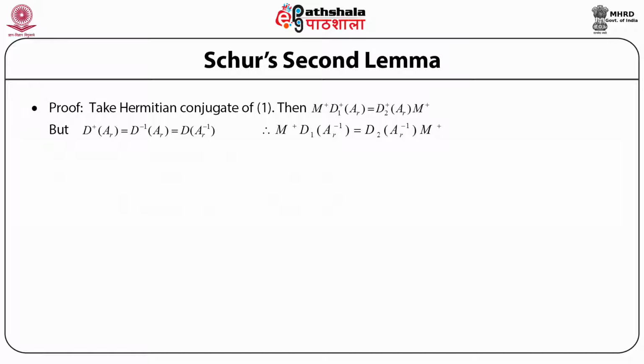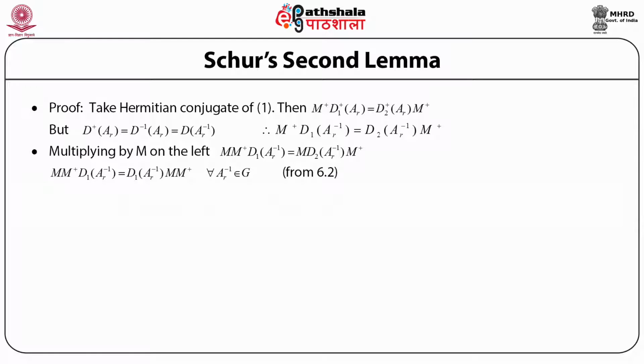But D dagger(A_R) is equal to D inverse(A_R) because any representative matrix can be considered to be unitary, and since the representative matrices satisfy the same group multiplications as the elements themselves, D inverse(A_R), which we have seen earlier also, is D of the inverse of the element. Therefore, M dagger D1 of the inverse of the element A_R is equal to D2 of the inverse of the element A_R into M dagger.